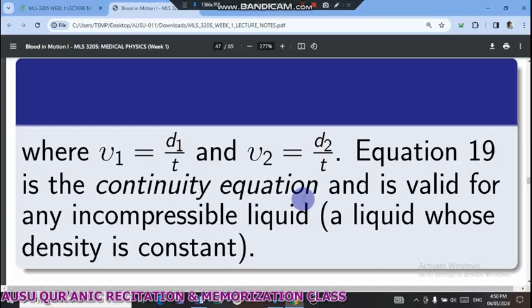Very simple, and it is valid for any incompressible liquid, meaning it is applicable to all incompressible liquids, no exception. When we say incompressible liquid, in bracket, they tell us the meaning: a liquid whose density is constant.